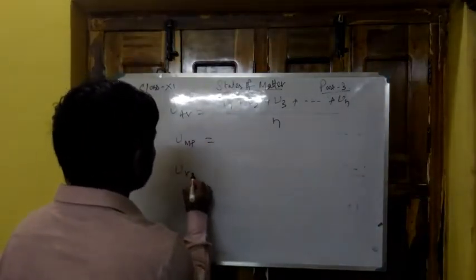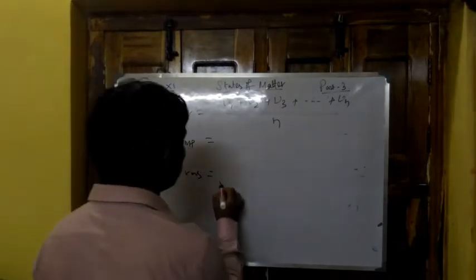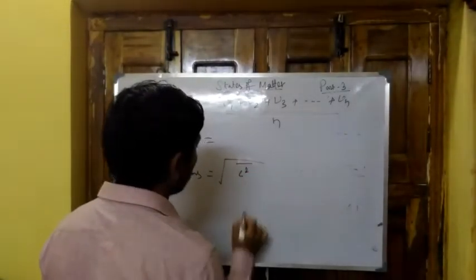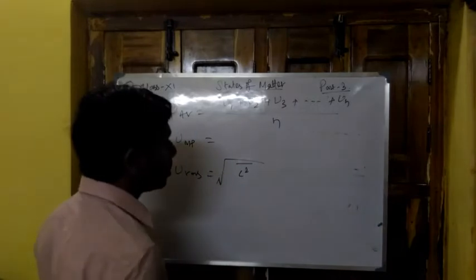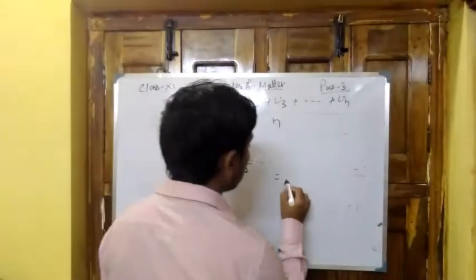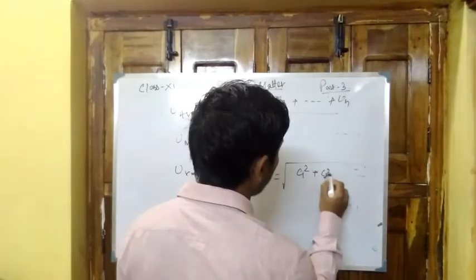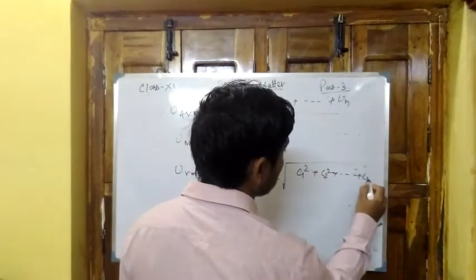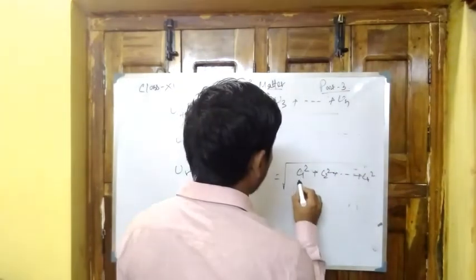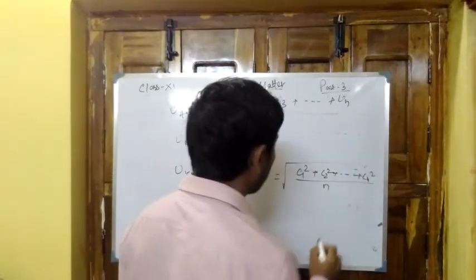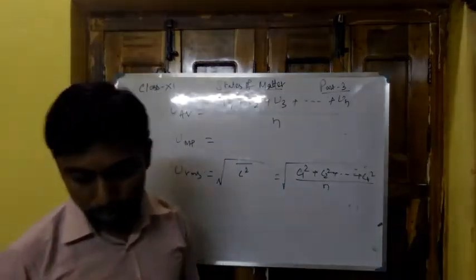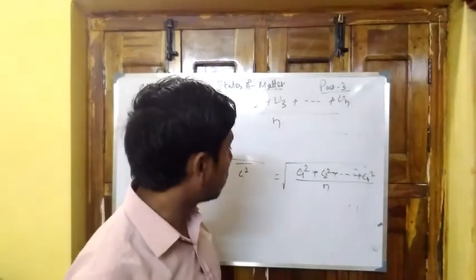U of RMS is equal to root over of c square bar, and the expression is equal to c1 square plus c2 square plus cn square divided by n, right?